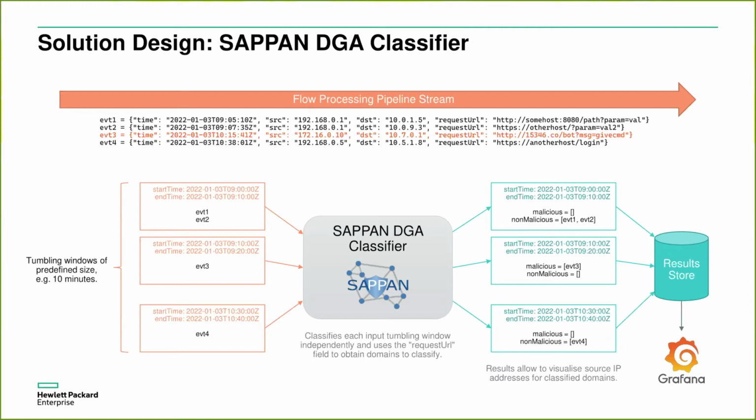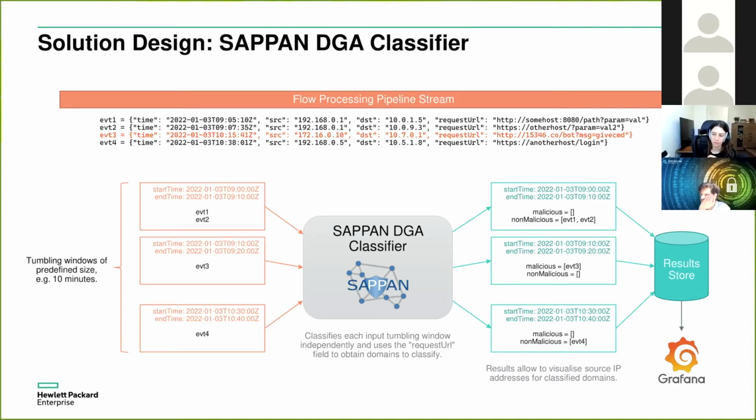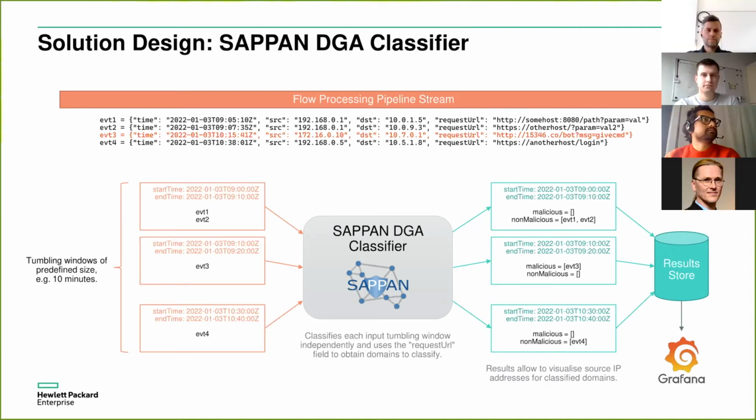In the data we could classify to determine if a domain is malicious or non-malicious. In our stream, as on the screen, we have a number of streaming events with timestamp, the source IP address, the destination IP address, and the request URL that the client tried to attempt from inside the HPE network to outside. These are mock-up examples.